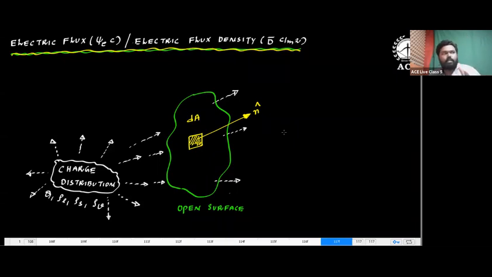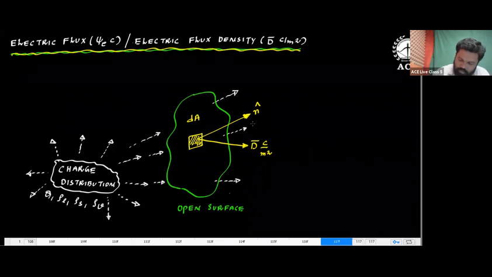I'm going to represent that with a D. Its units are coulomb per meter square. The amount of electric field crossing the given surface is called a flux, and crossing the small piece of surface is called flux density. Clear?